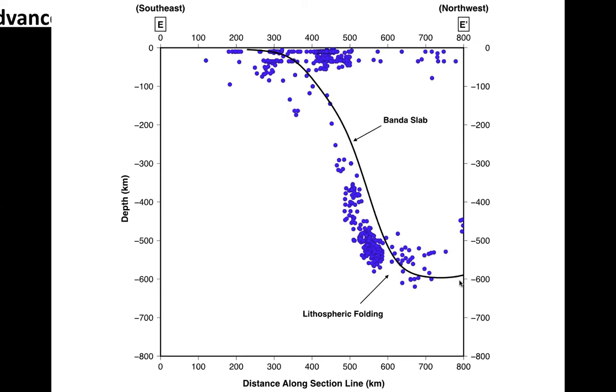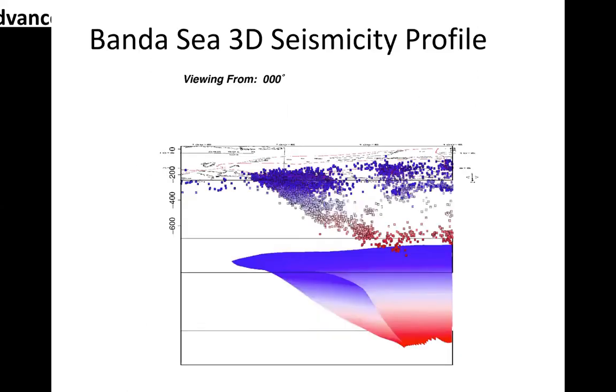Following the collision of the Australian continental margin with the Banda Arc, the mantle is increasingly more resistant to tectonic motion, and thus continues to fold the slab, which you can get a better idea of its complexity in 3D.